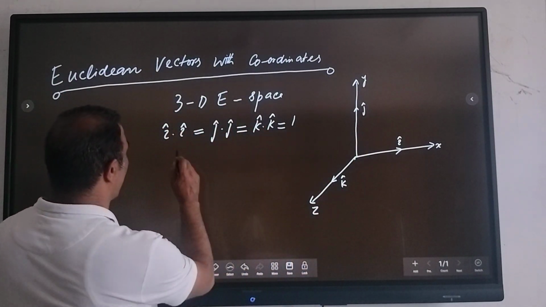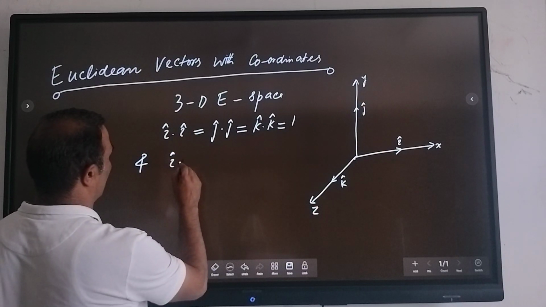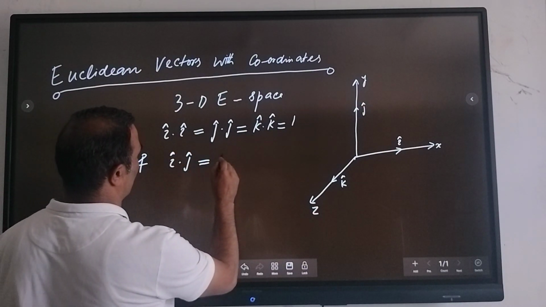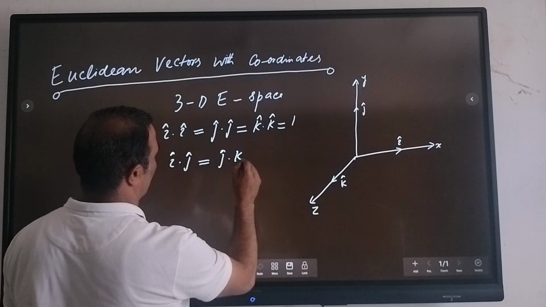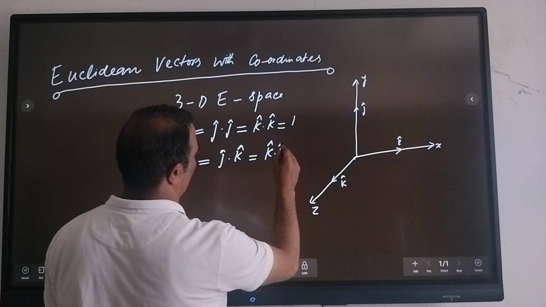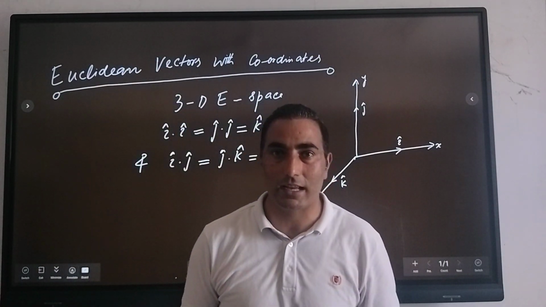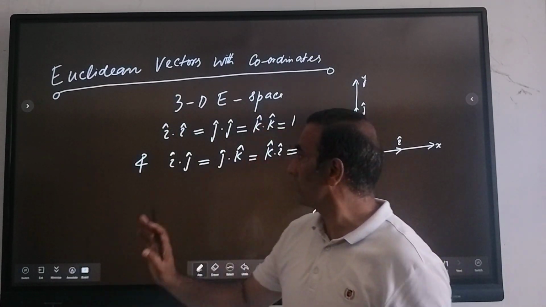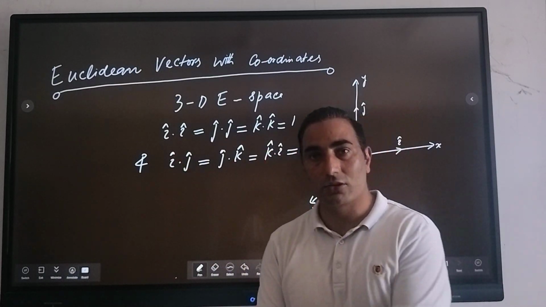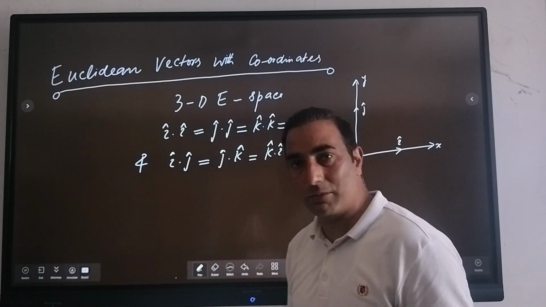And the second property that we have, right? So the first property tells us that these are normal to each other, right? So this scalar product between the same vectors is equal to 1, because that purely gives you the length, purely a scalar, I mean to say, right?